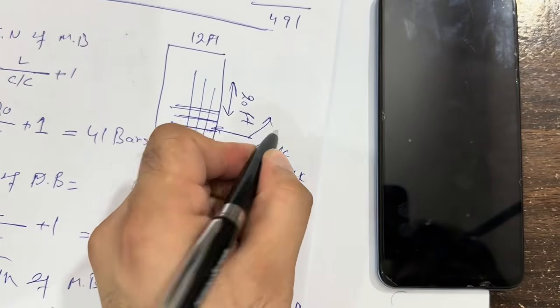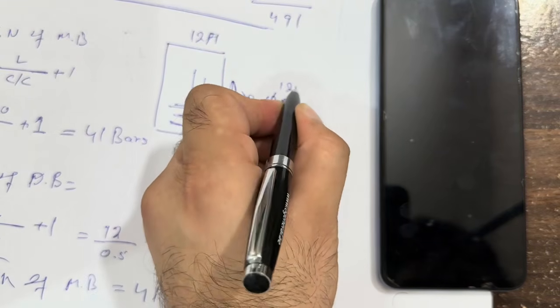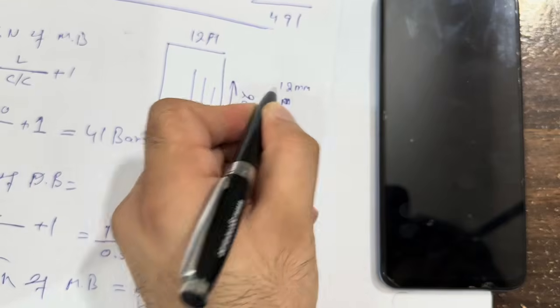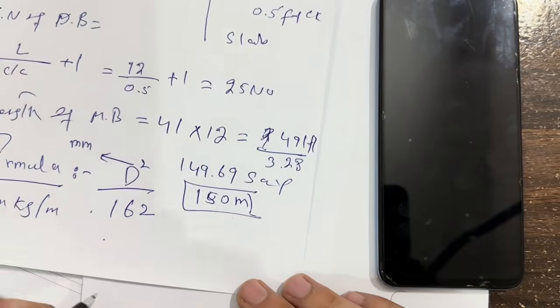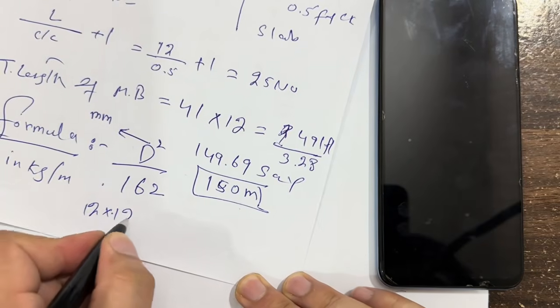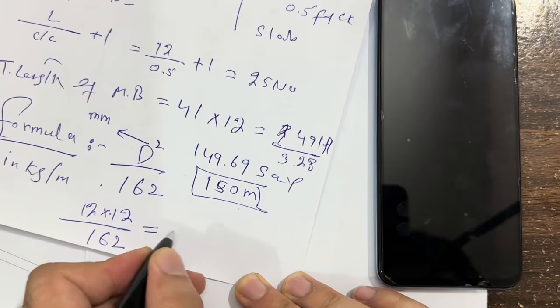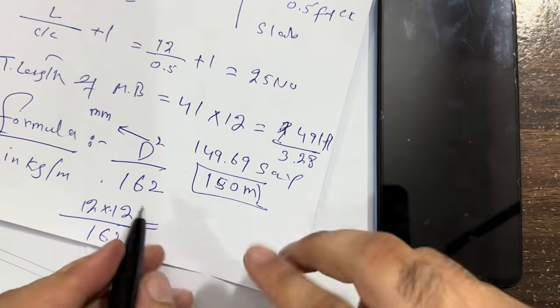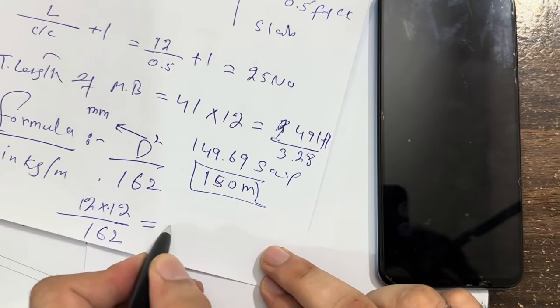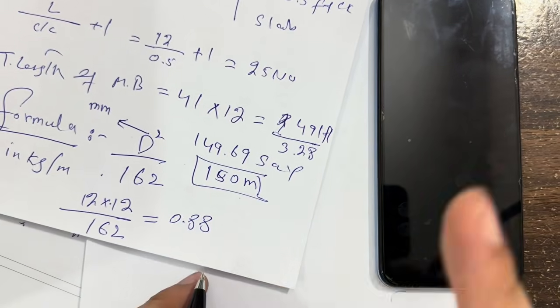So therefore put in the value: 12 millimeter is the steel diameter I'm using here. So 12 multiplied by 12 divided by 162. When you do the calculation, the weight of steel for 1 meter of 12 millimeter dia is 0.88 kg. So this is for 1 meter.